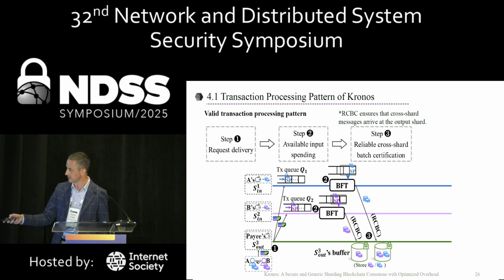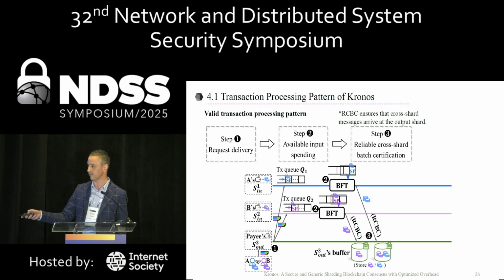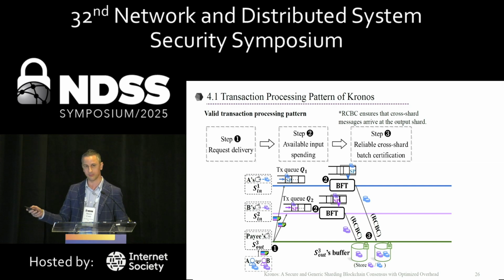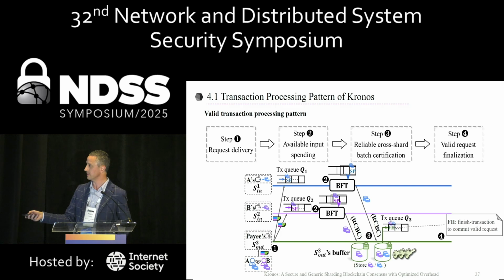The other novel thing is that instead of finalizing the transaction here, we have a buffer inside the shard that will wait for all the confirmations from the input shards. Once we have all the input shards secured in the buffer, then, as long as there is one honest client, we put the transaction in the waiting queue.